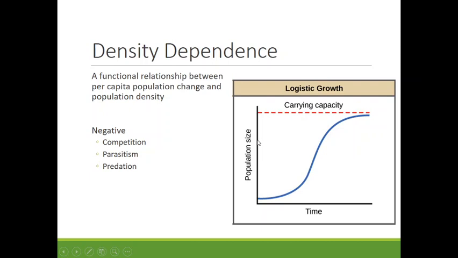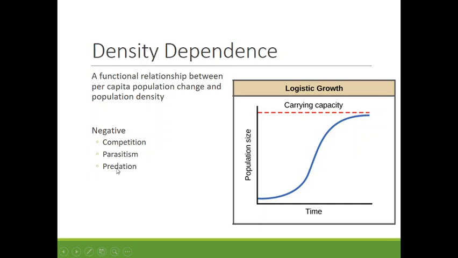Population change at really low numbers is really slow because, even though they're having the maximum number of babies, there are not enough adults to really increase the population very much. But then we have a fast increase when there's a decent number of individuals. At some medium number there are a lot of adults to have babies, but there's also still a lot of resources left.